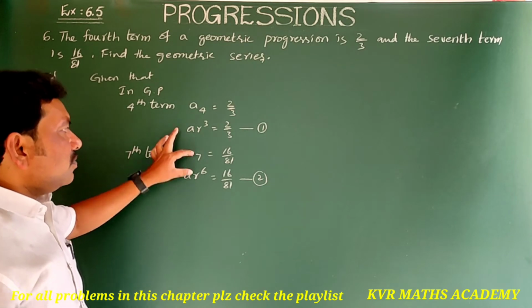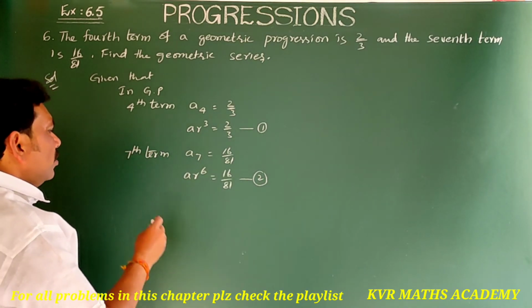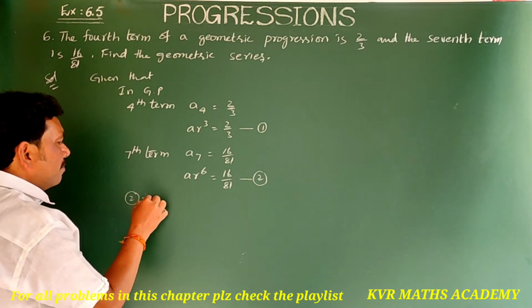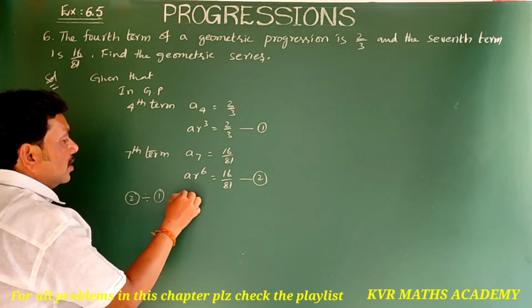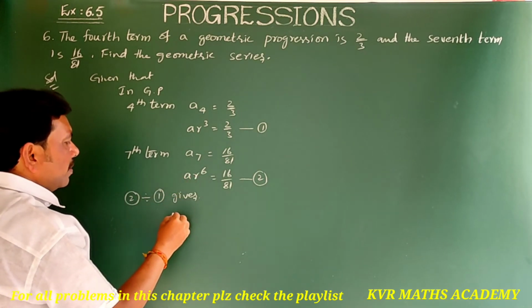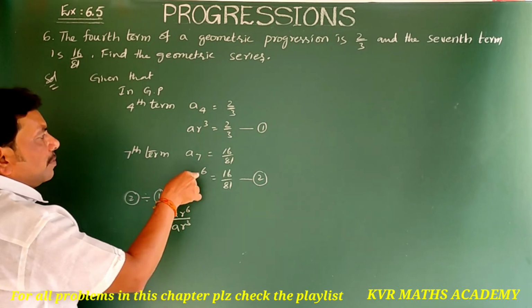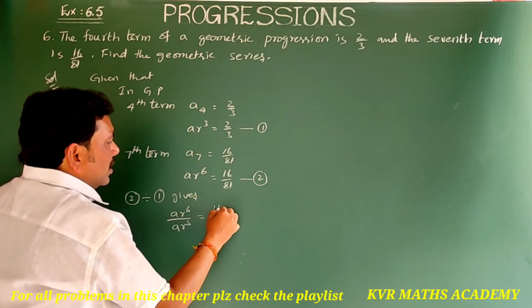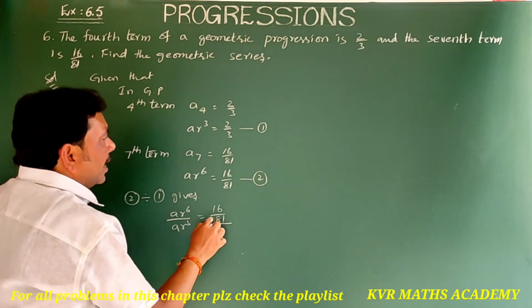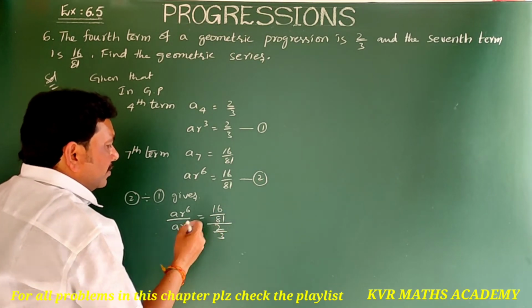From this, let us find the value of r. Dividing equation 2 by equation 1, a r power 6 by a r cube is equal to 16 by 81 divided by 2 by 3.